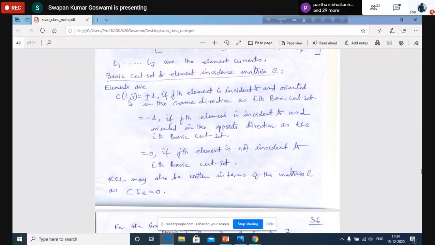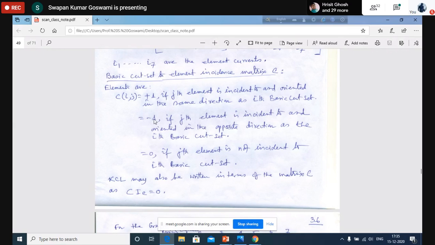And as before, like A and B matrices, in C matrix also entry will be +1, -1 or 0. Now you see that rows correspond to basic cut sets, and columns correspond to the elements. Okay, so Cij is +1 if jth element is incident to and oriented in the same direction as ith basic cut set. That means if jth element is a part of the basic cut set and direction of element j and direction of the cut set are the same, then it will be +1.